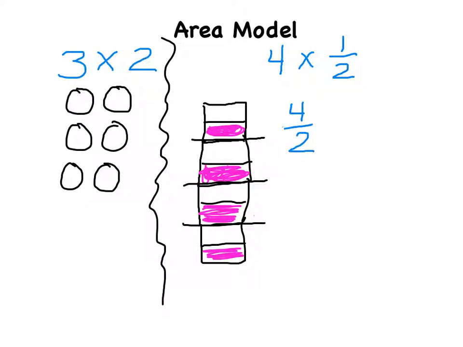If you want to change that improper fraction to a mixed number, the students can draw out the rectangle to fill in. In this one they'll fill in 2 halves, and then the next square will have the other 2 halves. So your answer for this can be 4 halves or 2.